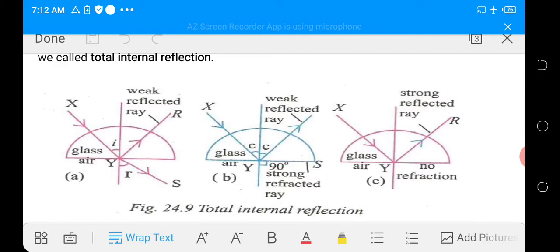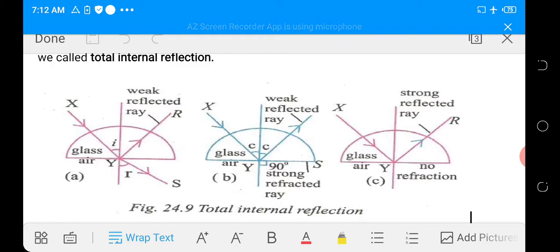Until we get to a particular angle of incidence, which is the critical angle of the glass, where the angle of refraction will now be 90 degrees. So the refracted ray will now pass through the edge of the semicircular glass block as shown in figure B. In figure B, the angle of incidence with the normal is now equal to C, the critical angle of the glass.